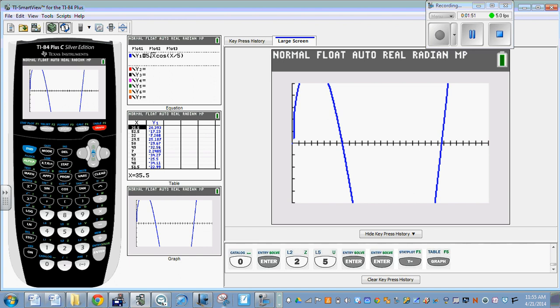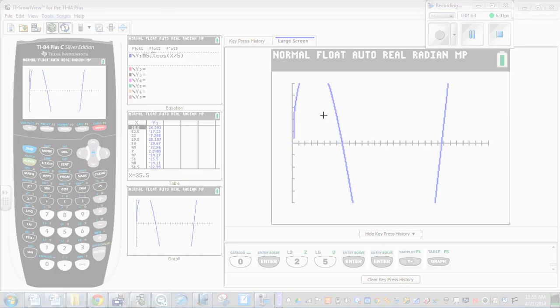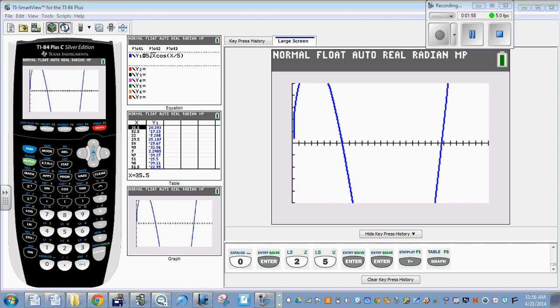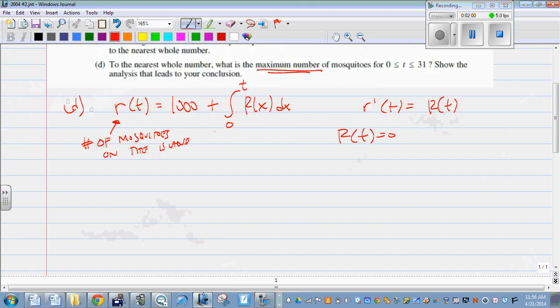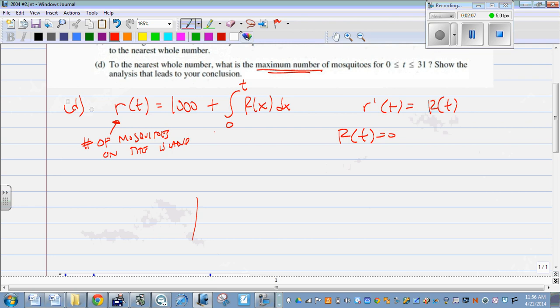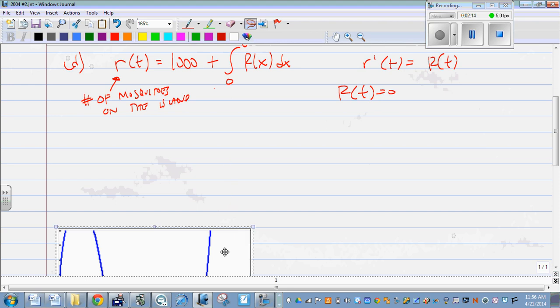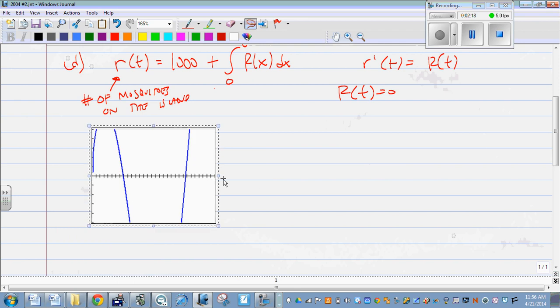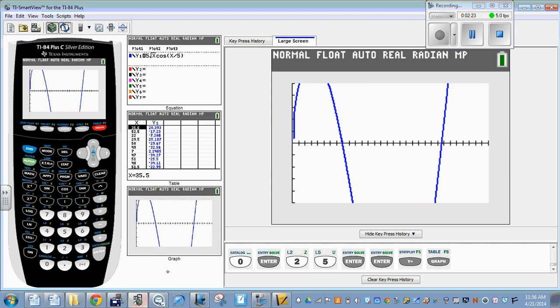I'm going to take that and put it in with our problem, so you want to sketch this in your notes.